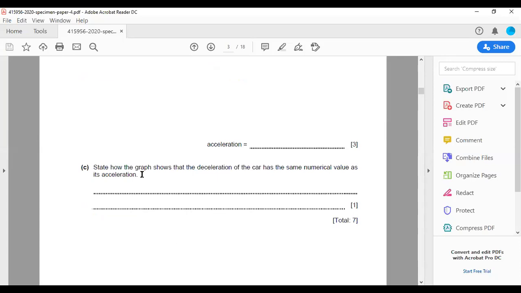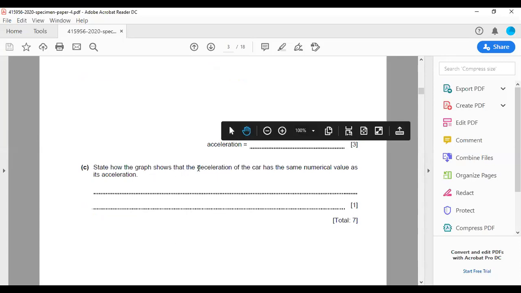So if the deceleration of the car has the same numerical value, this is important here, state how the graph shows that. Because the graph has the same steepness again.